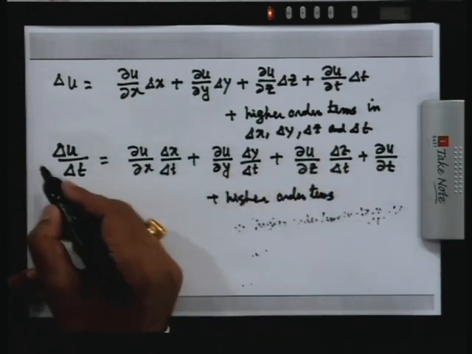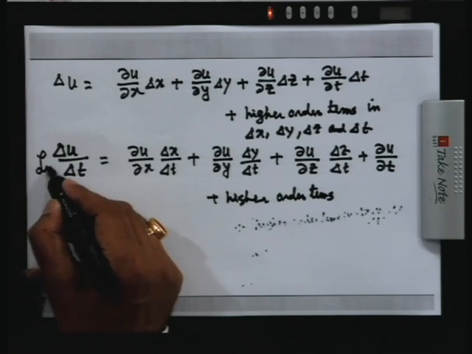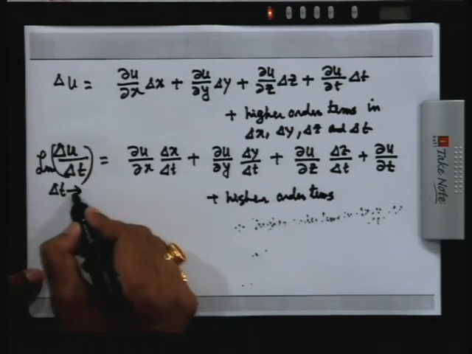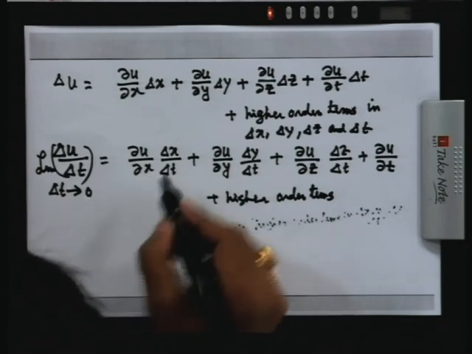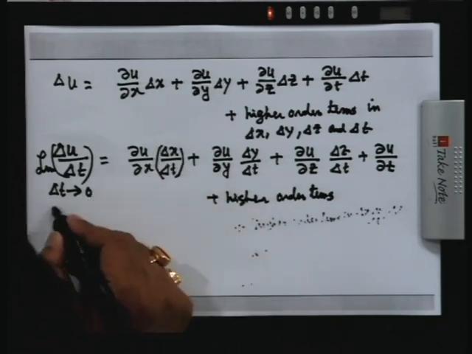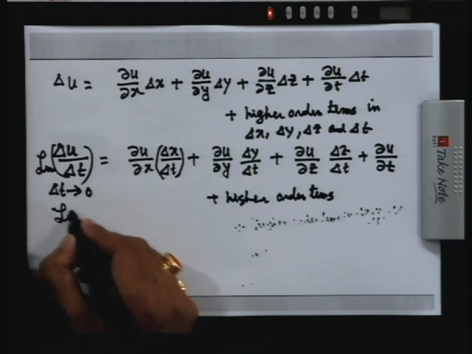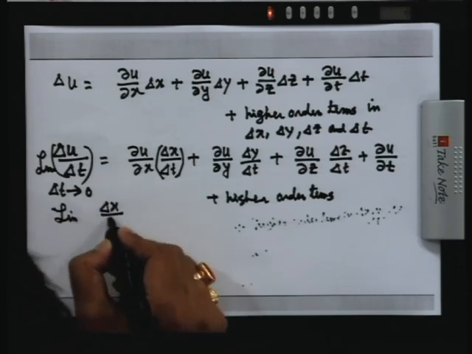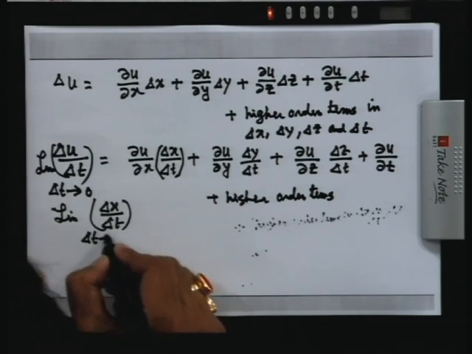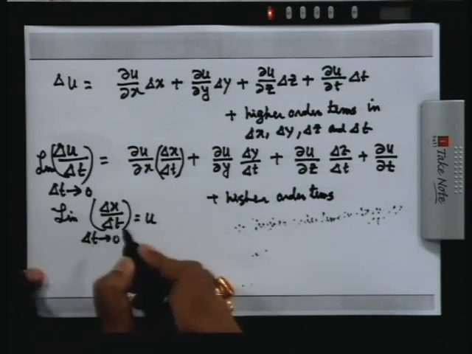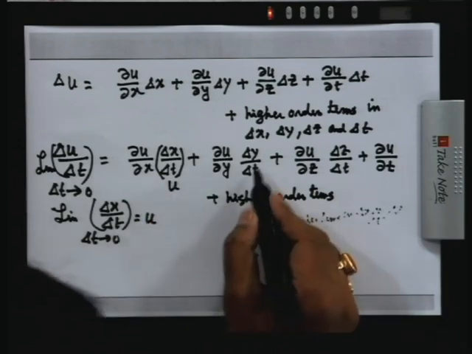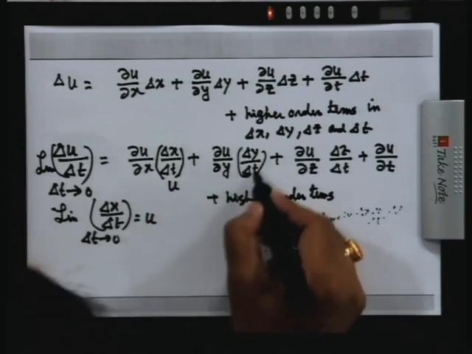Now, if we take the limit of this as delta t tends to 0, the limit of del x del t as delta t tends to 0 is equal to u. The limit of del y del t as delta t tends to 0 is v.